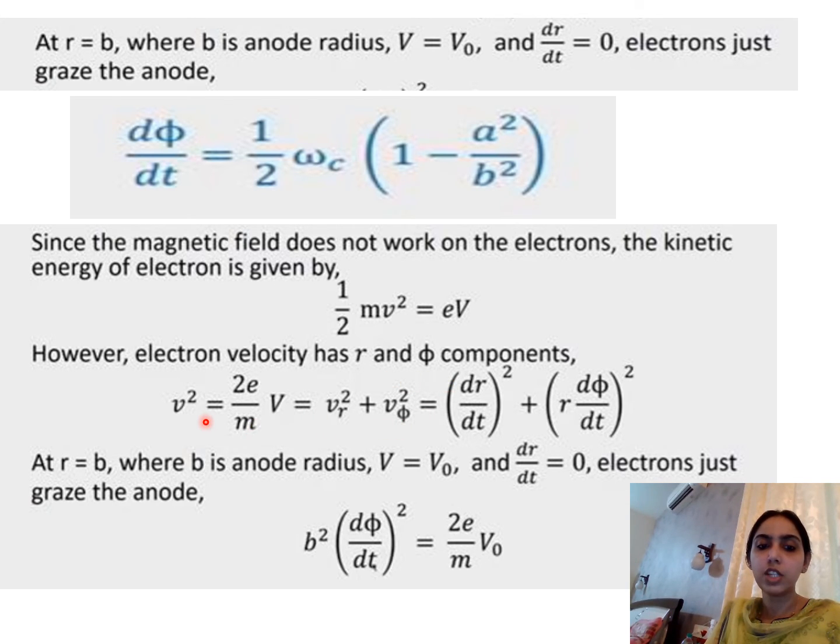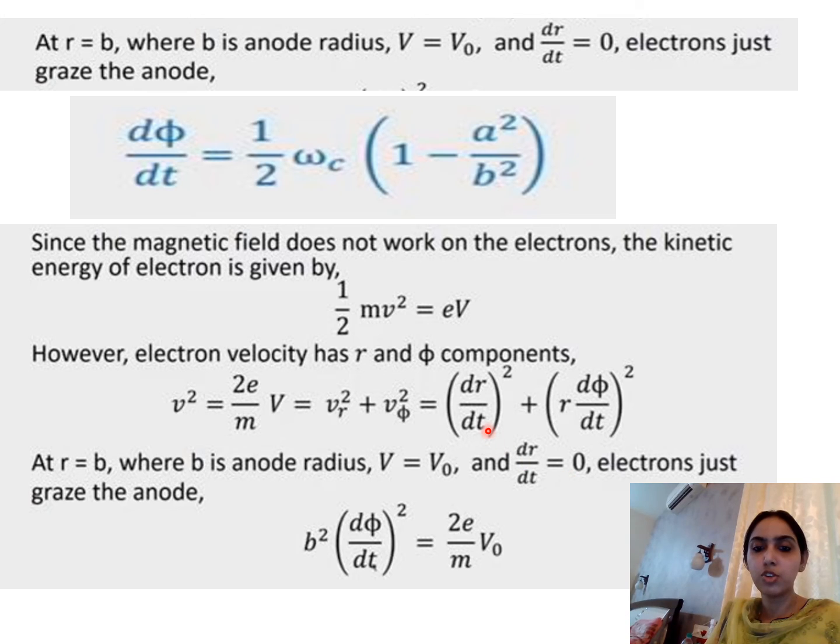So we can write v² to be also equal to vr² plus vφ², which is equal to (dr/dt)² plus (r dφ/dt)². Now when r is equal to b, we know that the voltage V will be the DC voltage V0 and dr/dt will be equal to 0.